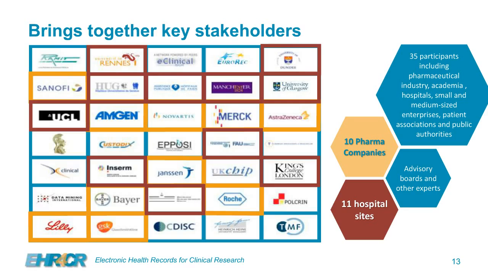We also have an advisory board consisting of representatives of patient organizations, but also from EMA and FDA. It was important for EHR4CR in its evaluation step, before it became a full project, that we have enough hospital sites across Europe in order to demonstrate that the technical solutions for these clinical research purposes can be done across member states.